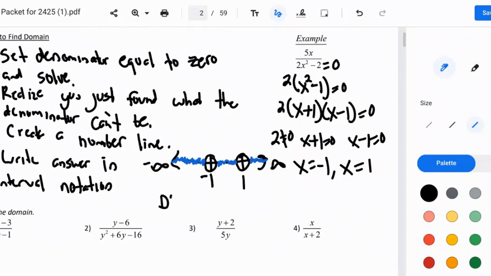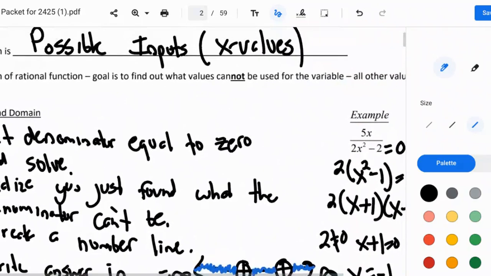So our domain would be negative infinity to negative 1. In geometry, you learn this U for union. Negative 1 to 1. Another U, 1 to infinity. So that means your domain can be any number on the number line, except for the 2 that you found would give you a 0 on the bottom. So that was our whole piece right up here.